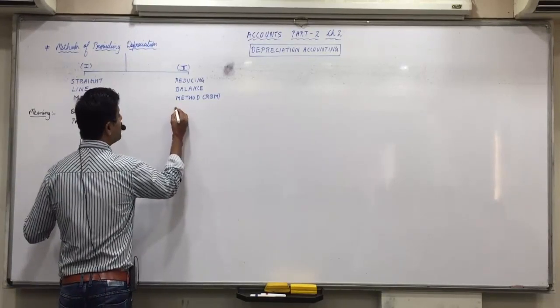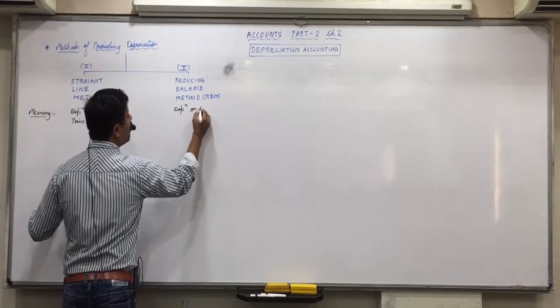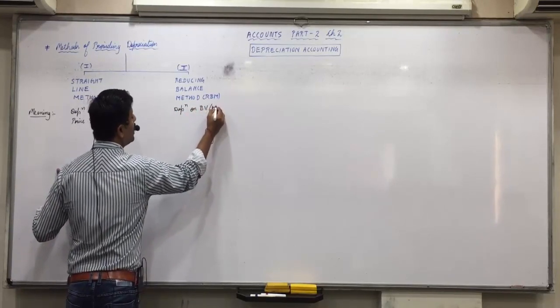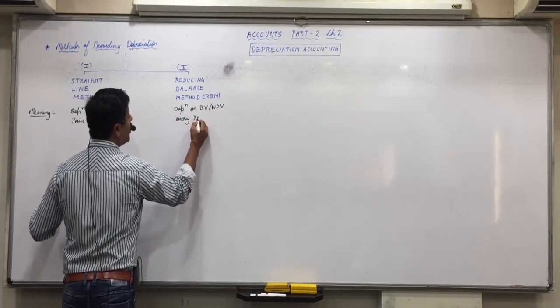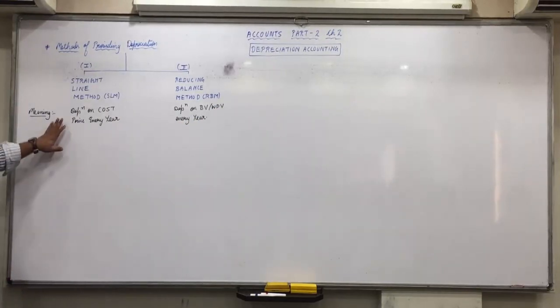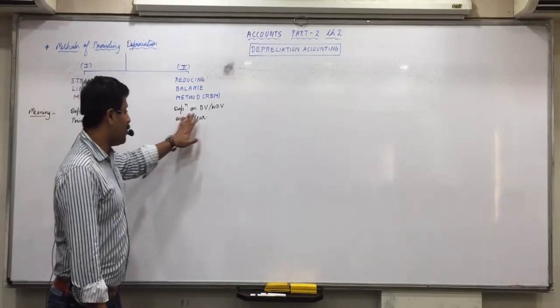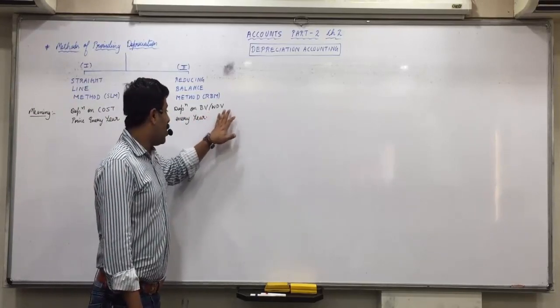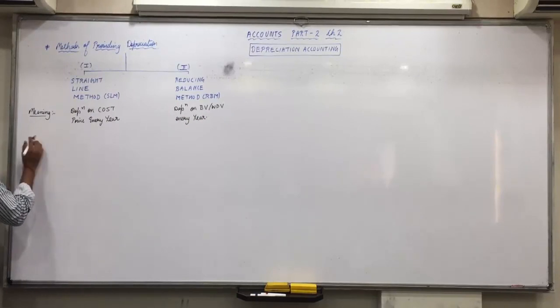In reducing balance method, depreciation is provided on book value, or you call it written down value, every year, and that's why it is also called written down value method.